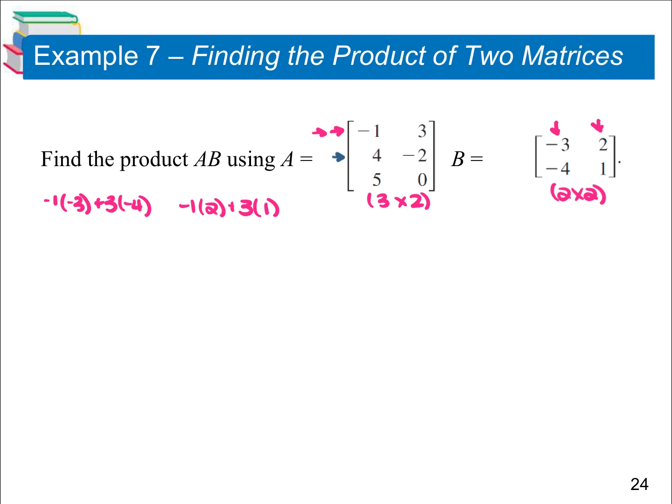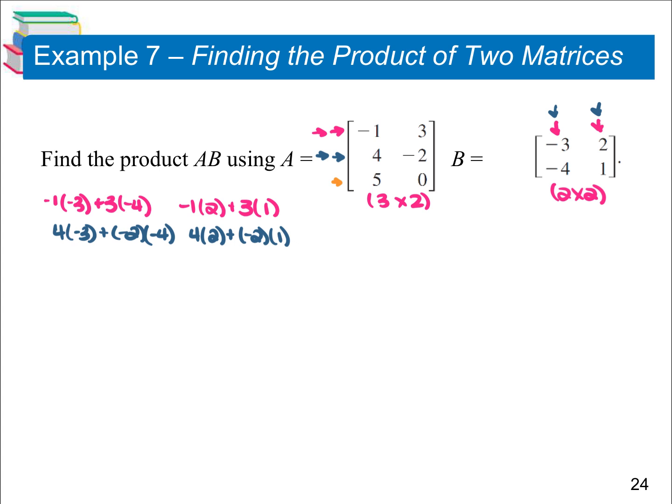Next, you'll work with middle row, first column. So you'll have 4 times -3 plus -2 times -4. Then middle row, second column, you'll have 4 times 2 plus -2 times 1.